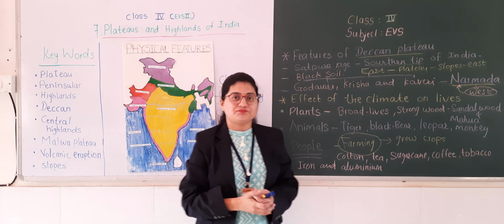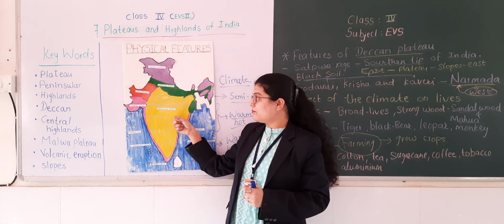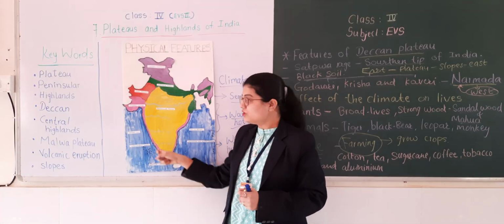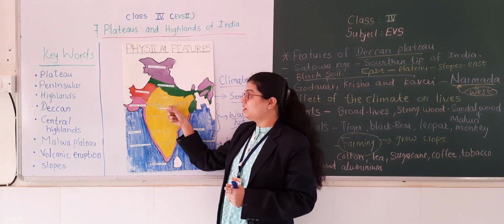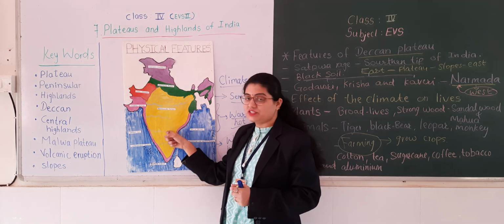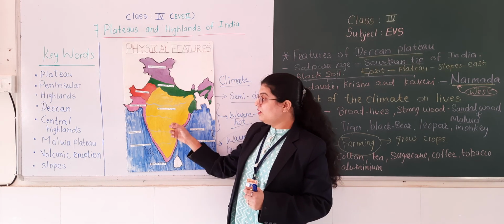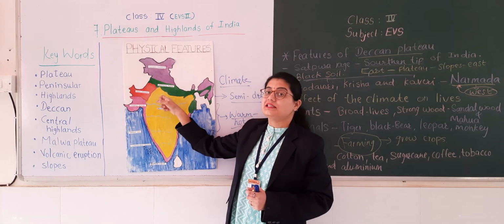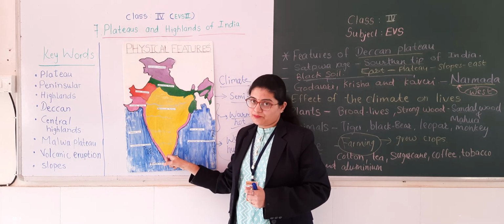Alright students? Good. So what have we learned in today's class? We have learned about the Deccan Plateau, which lies below the Narmada river. This Narmada river is also in the Deccan Plateau region. This region extends from the Satpura range to the southern tip of India.